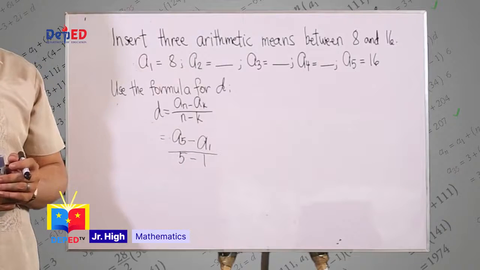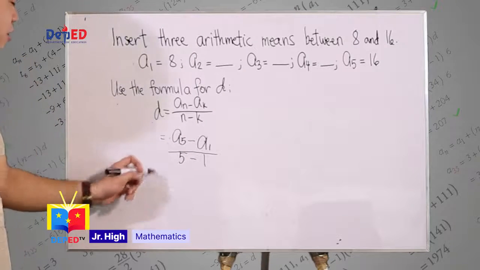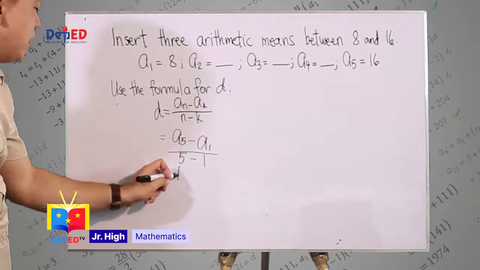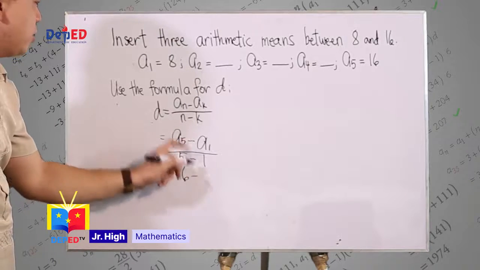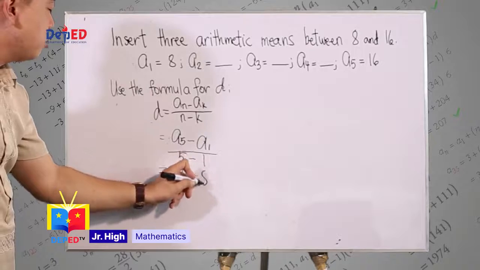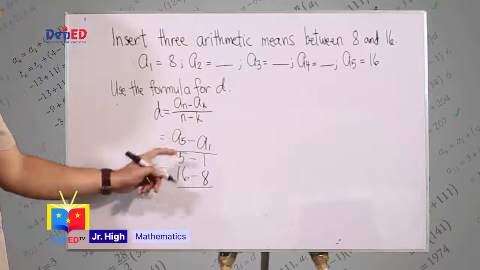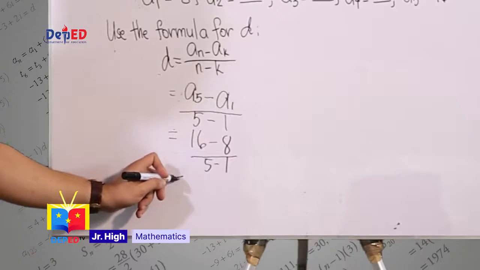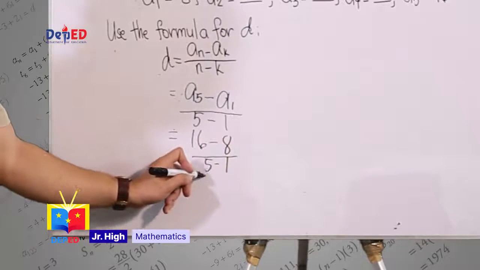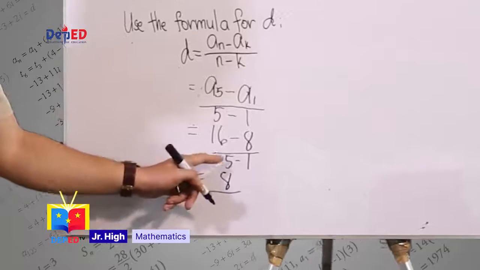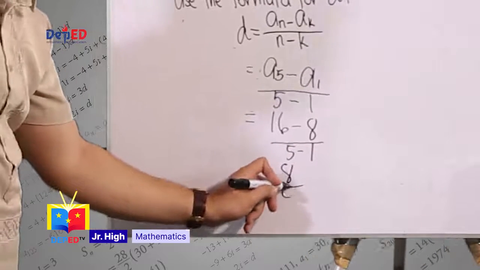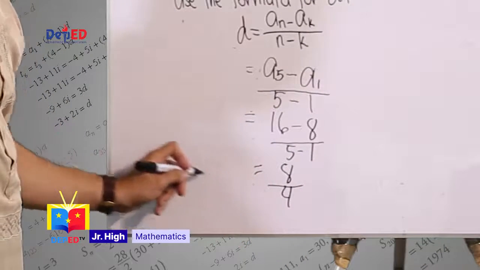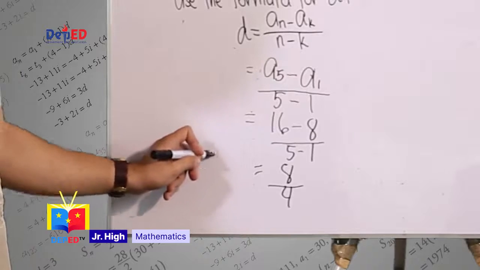Using the values for a sub 5 and a sub 1, we will have 16 minus 8 all over 5 minus 1. 16 minus 8 will give us 8, and 5 minus 1 will give us 4. Our difference now is equal to 2.